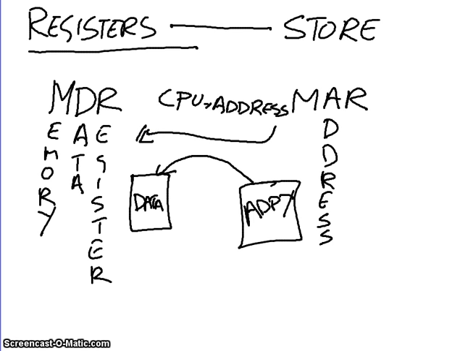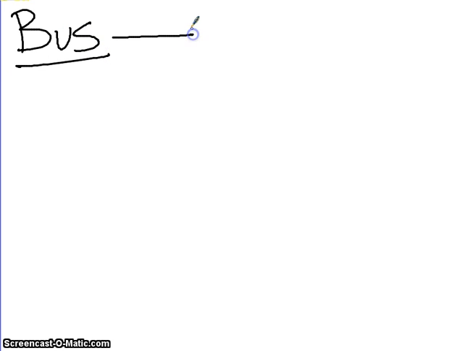Now, when we're passing data around, well, we need something to do that. So what we need to pass data around is something called a bus. Now, the easiest way to remember a bus is obviously a bus carries you around. So if you've got your little bus, there's my little bus. The bus carries lots and lots of people.